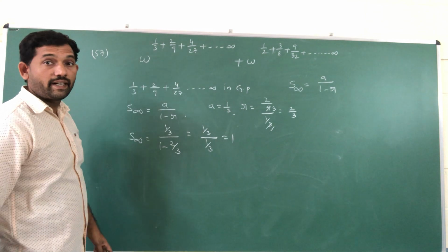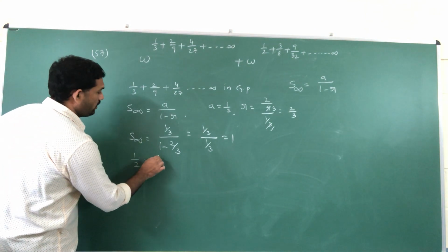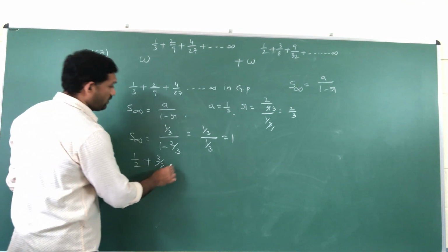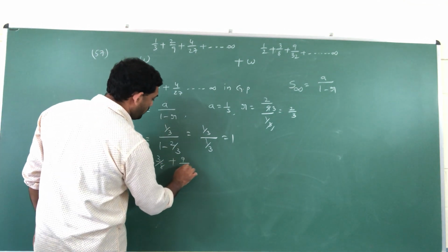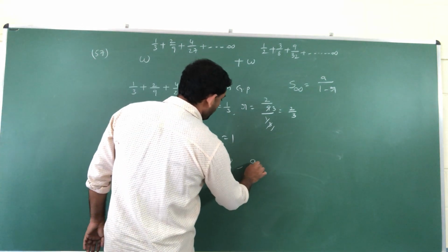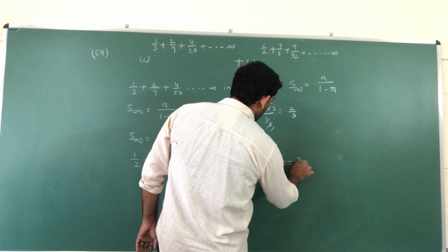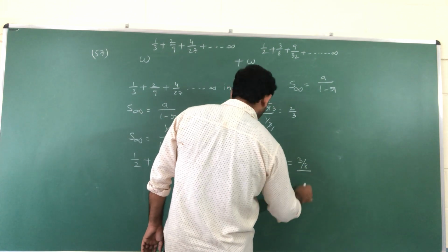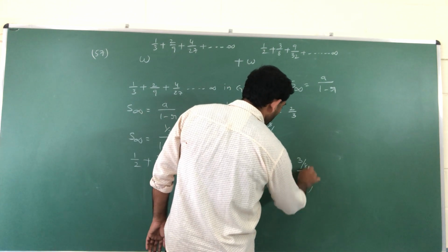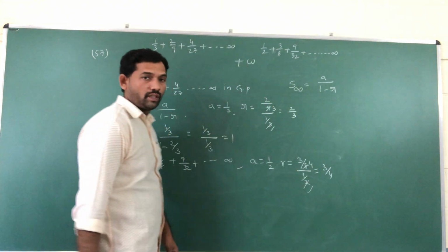Similarly, you simplify the second summation: 1/2 + 3/8 + 9/32 and so on. Here A is 1/2 and R is (3/8) divided by (1/2), which is 3/4.